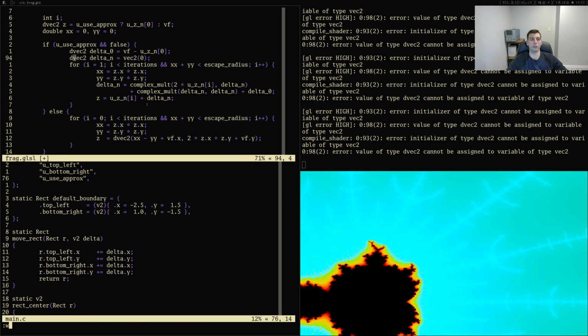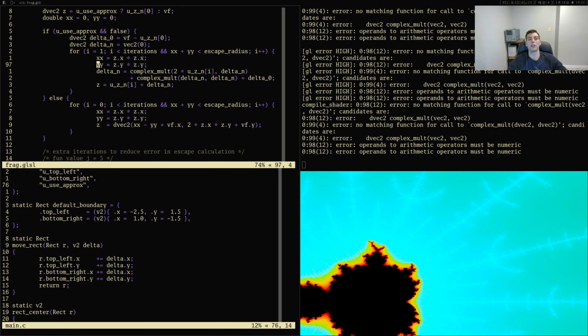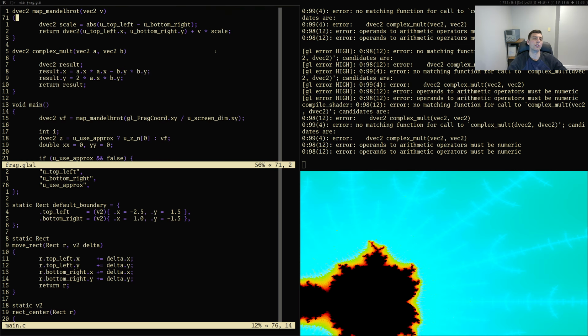These aren't being used right now, but I just want to see if this will work. Operands of arithmetic operators must be numeric. What does that even mean? Oh, no matching call to, yeah, right.